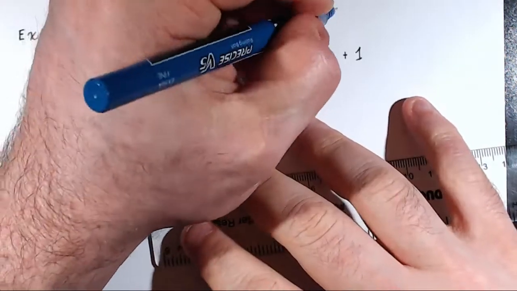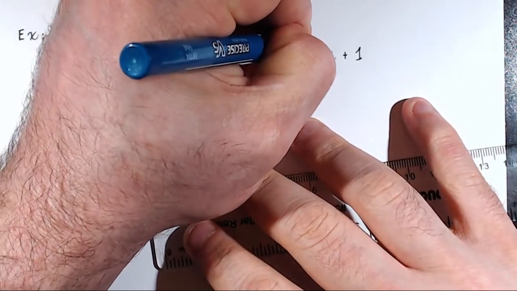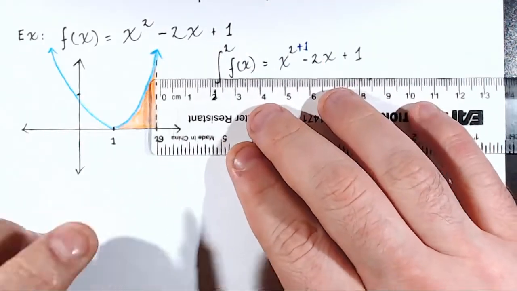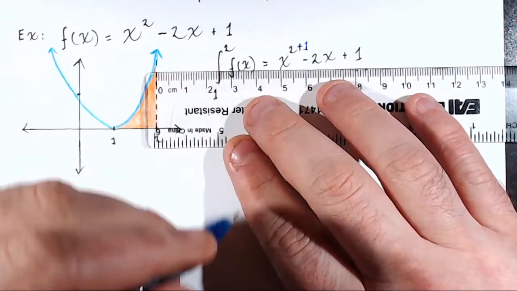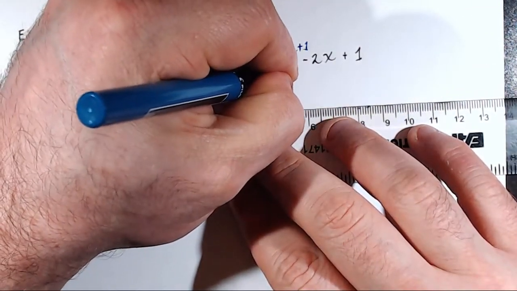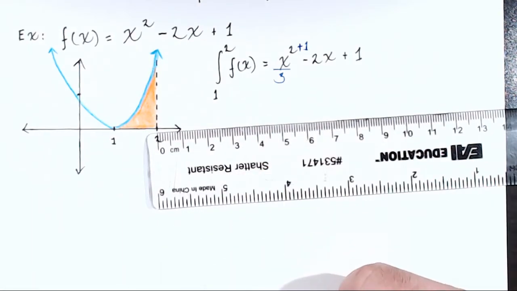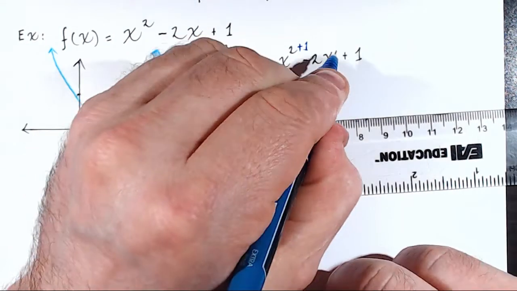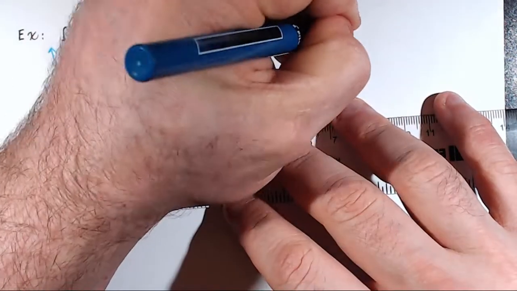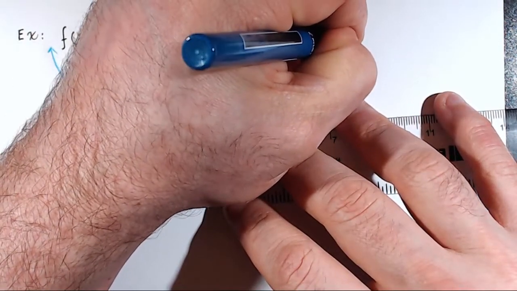Okay, so here I'm going to add 1 to the exponent and then divide by whatever that equals. So I'll divide by 2 plus 1, which is 3.